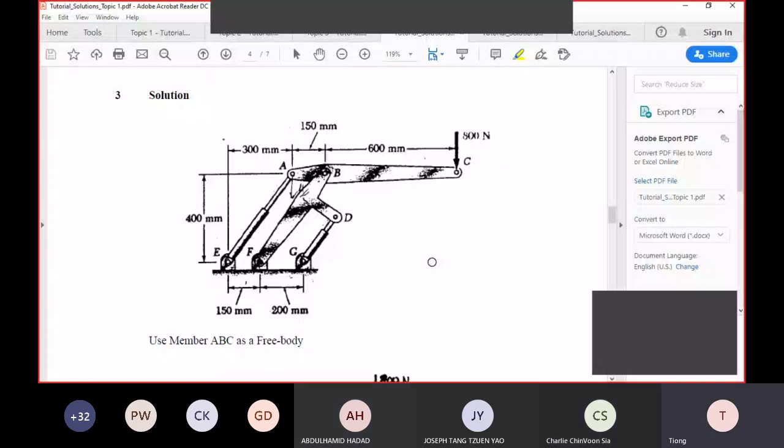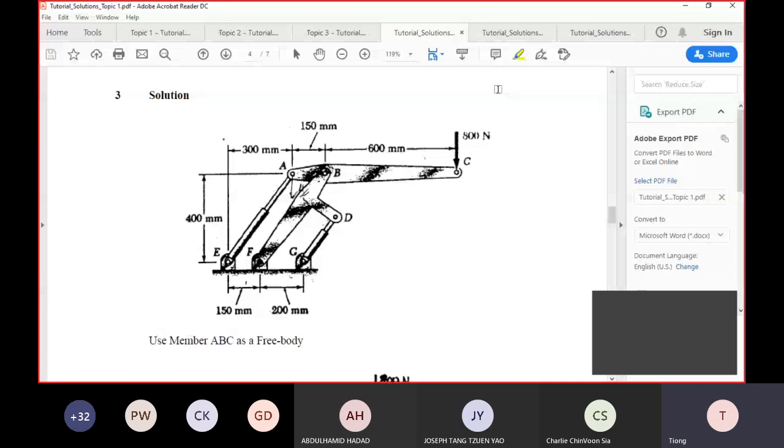Your question just now was which member do we take. If the question requires us to find the forces or the stresses at AE, we have to take something that involves A and E. So we search for the easiest one.